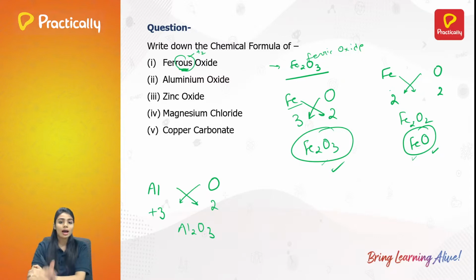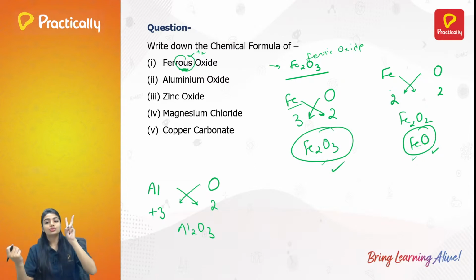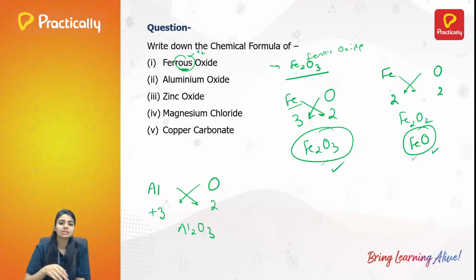So now I think you both have learned how to write a chemical formula. For writing a chemical formula, you should know 2 things: your symbols, how to write that particular symbol, and what the valency of that symbol is. Then crisscross it and you will get your chemical formula or your chemical compound name.